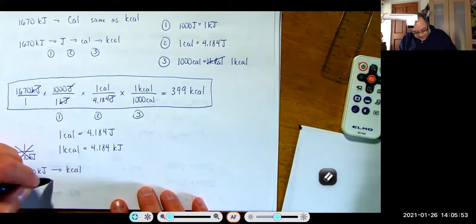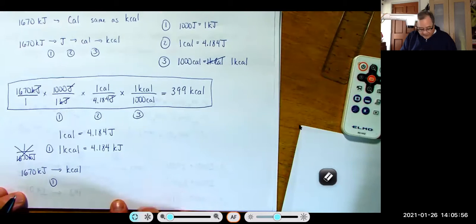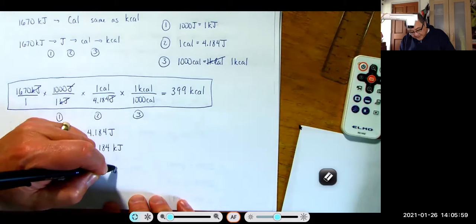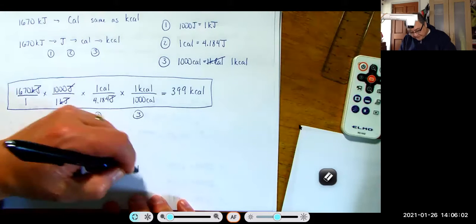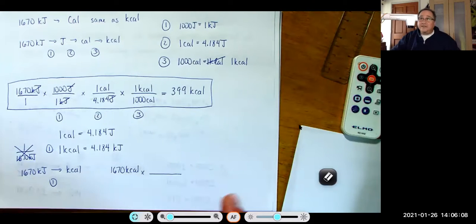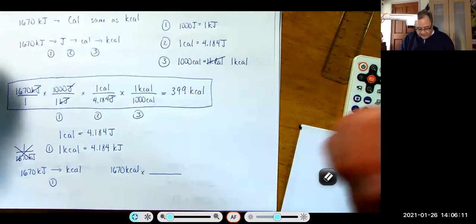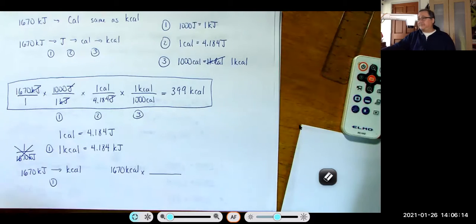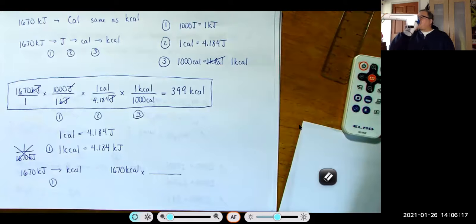So I'm going to put a little 1 here and a little 1 here. And then I'm going to write out the solution over here on the right. Actually, I'm not going to write out the solution on the right. You're going to write out the solution and the answer. And when you're done, give me a little thumbs up or a yes or whatever, and make sure you're using this conversion. I'm looking for 2 or more responses before I move on.